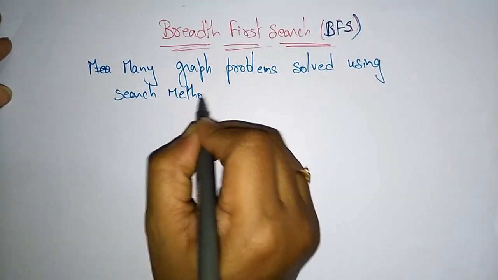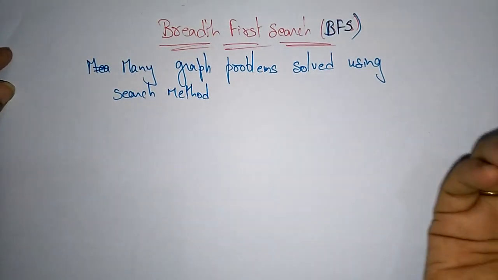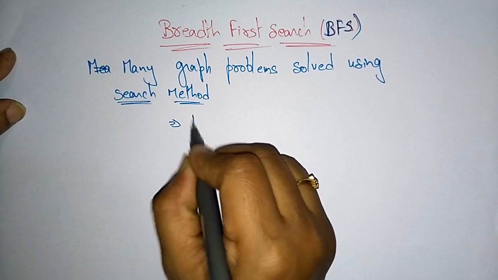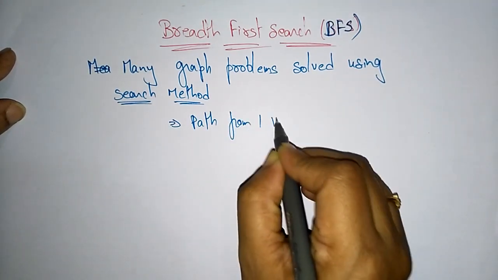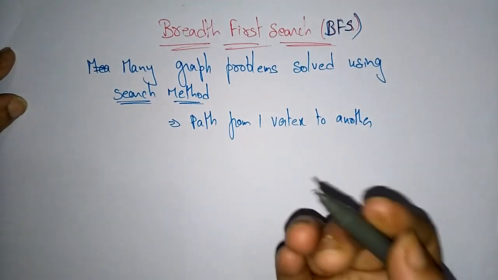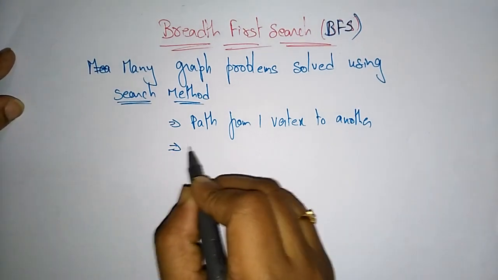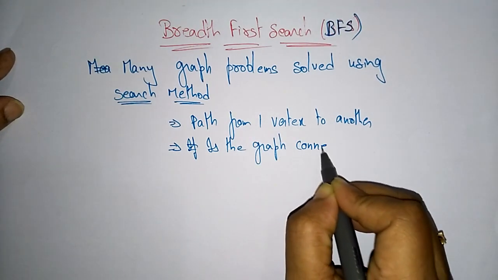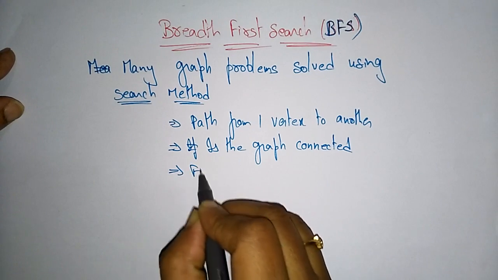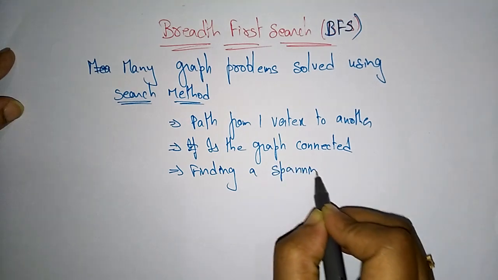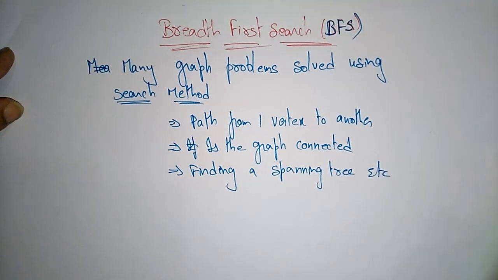So a path may be from one vertex to another, by searching from one vertex to another, or is the graph connected, or else by finding a spanning tree, etc. So there are so many search methods to solve a graph problem.